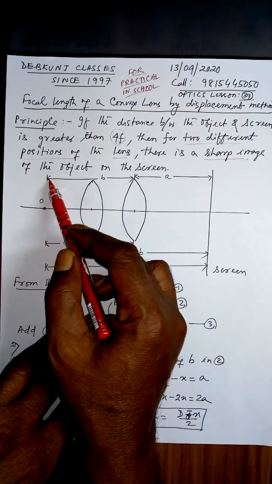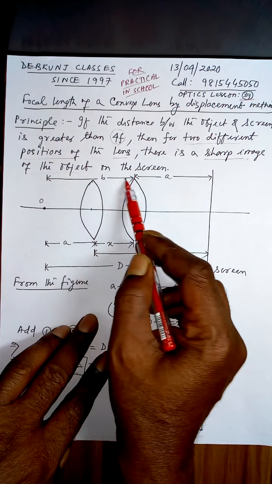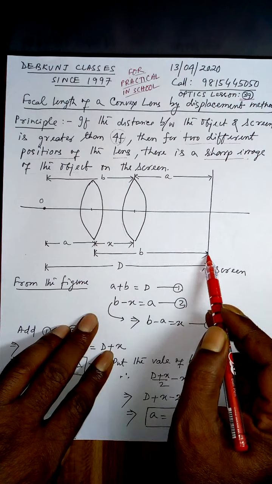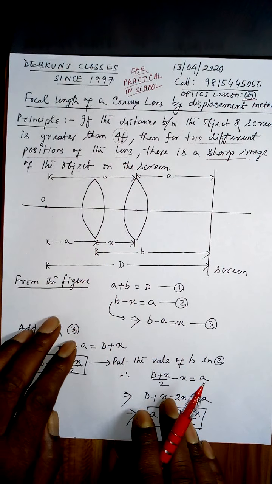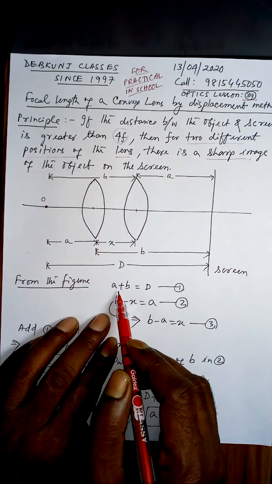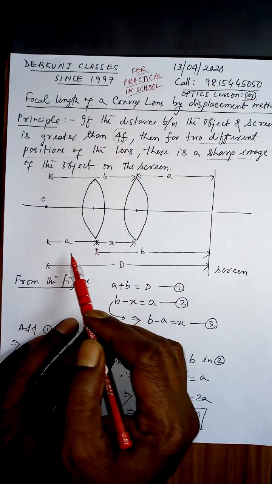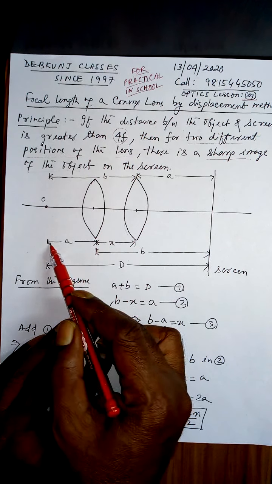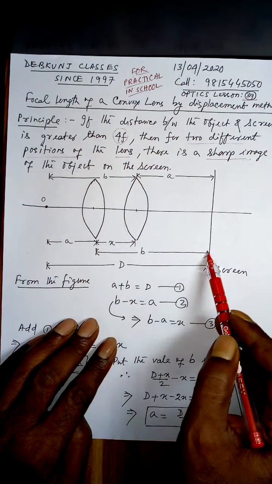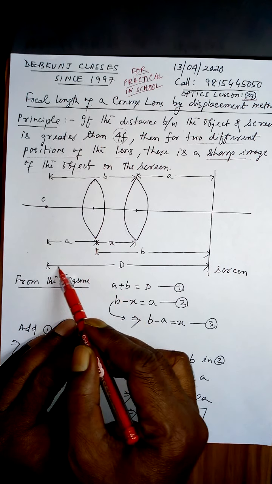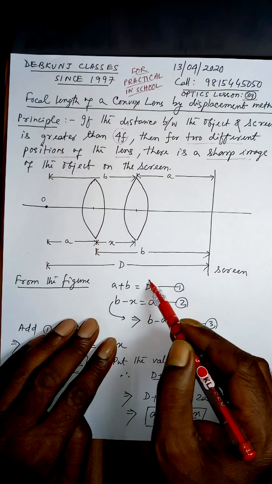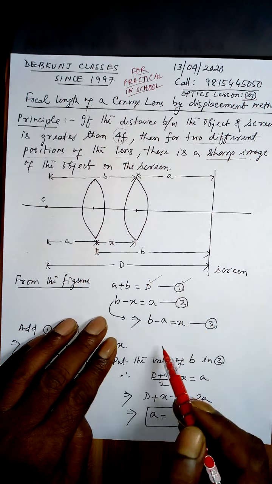In that case, this distance will be the same as this distance. Now from the figure, a plus b is equal to D, make it equation 1, for the first position of the lens.